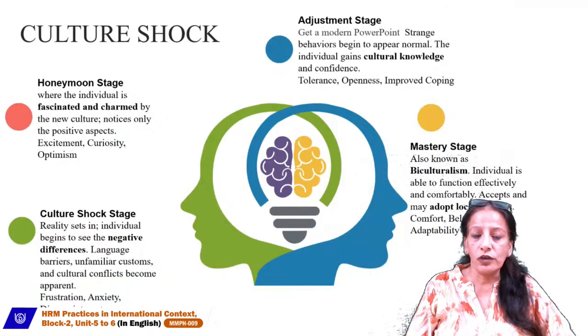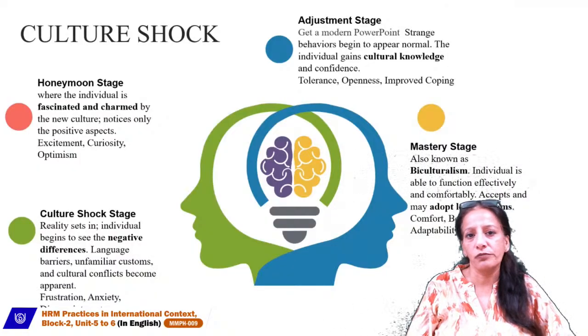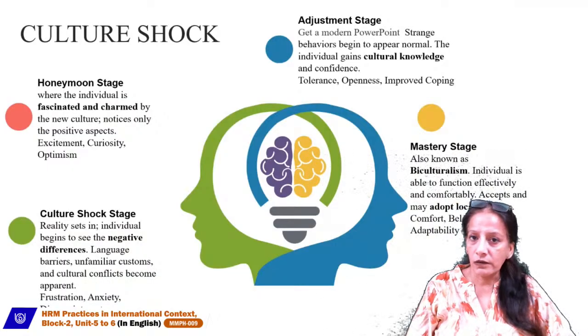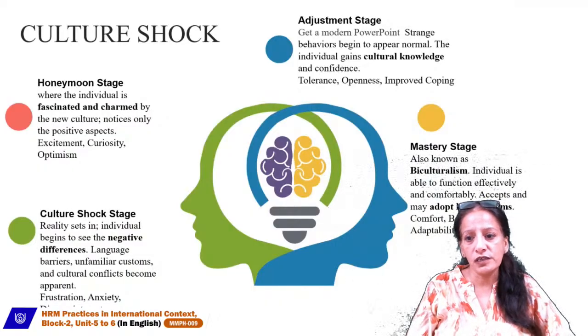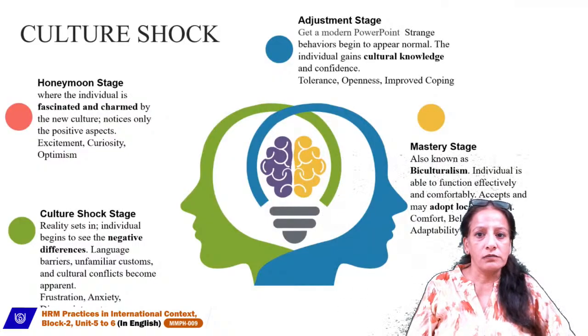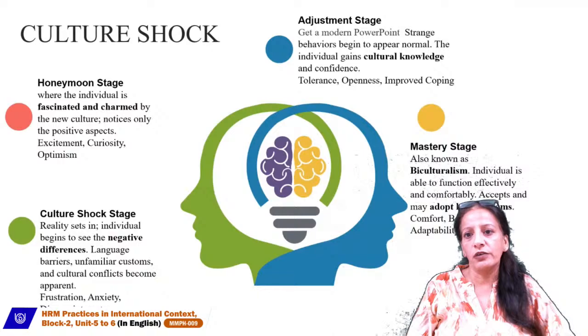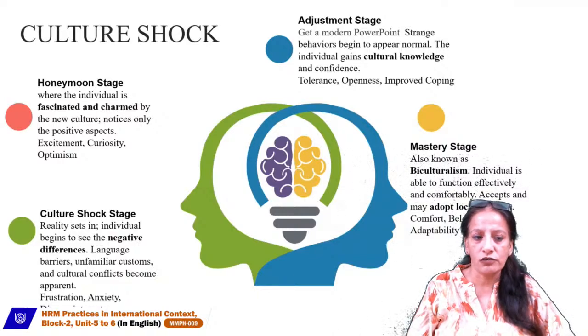They notice only the positive aspects; excitement, curiosity, and optimism are a few of the feelings which come in that stage. Second is the adjustment stage, where strange behavior begins to appear normal, and they gain cultural knowledge and confidence. There comes tolerance, openness, and improved coping.